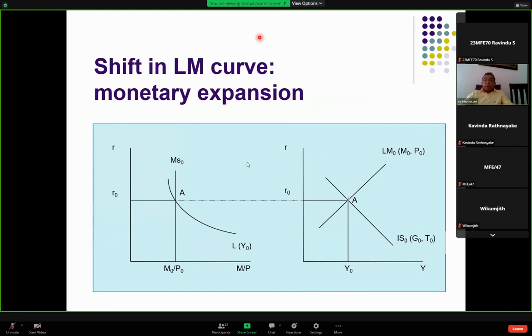Otherwise, this point is also determined by the other graph, which should be there, like in the earlier case. Anyway, our output level is Y naught now.